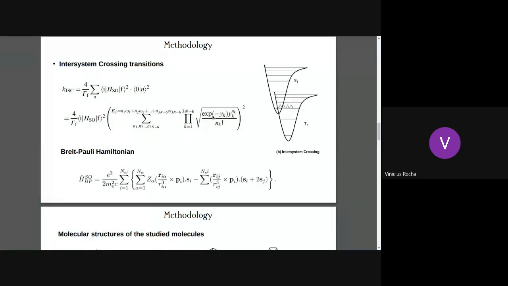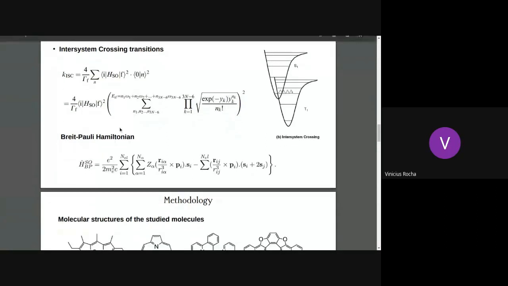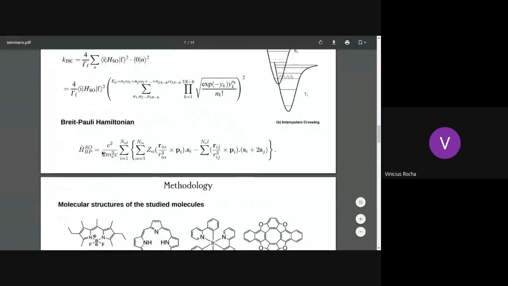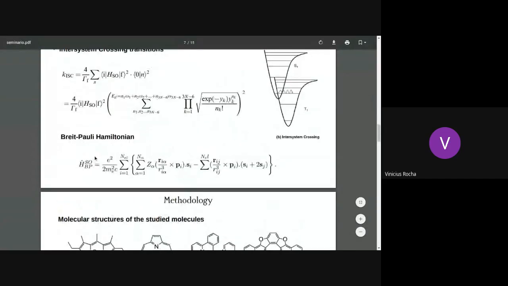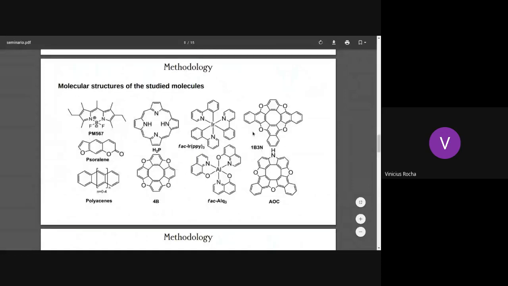And this here is the Huang-Rhys factors. So we can calculate the spin-orbit coupling matrix elements by a Breit-Pauli approximation.